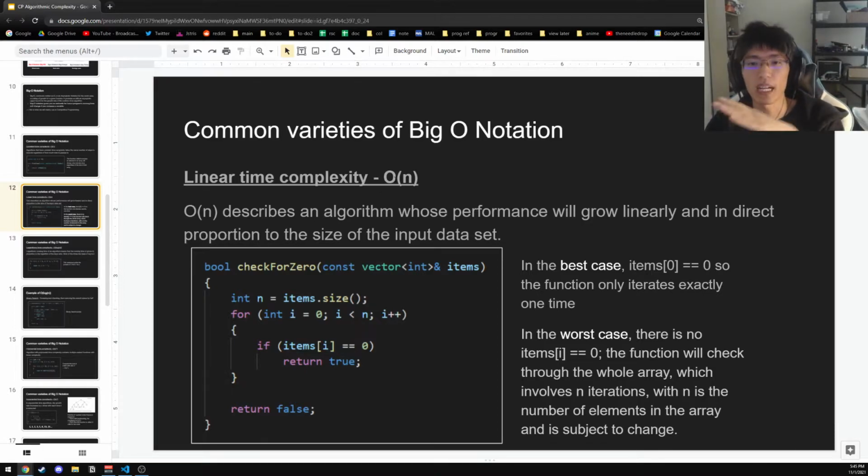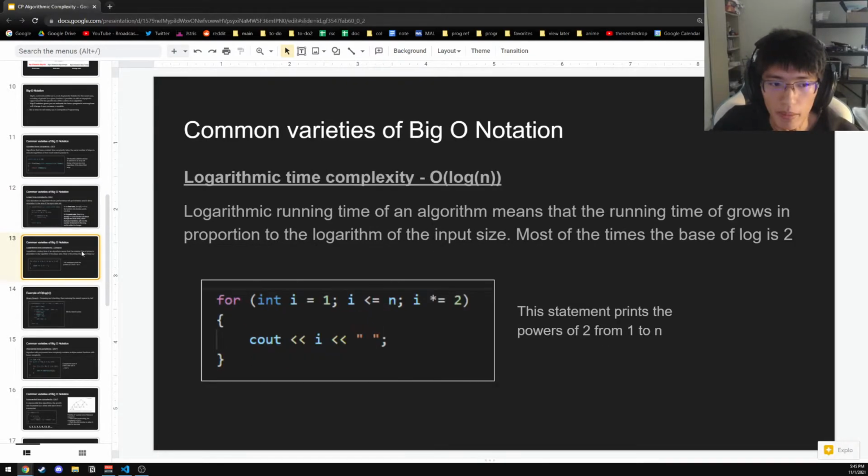If you think about a graph, the time it'll take to go through every single item is going to grow linearly, in direct proportion to the size of the input data set. So that might be a linear time complexity thing.